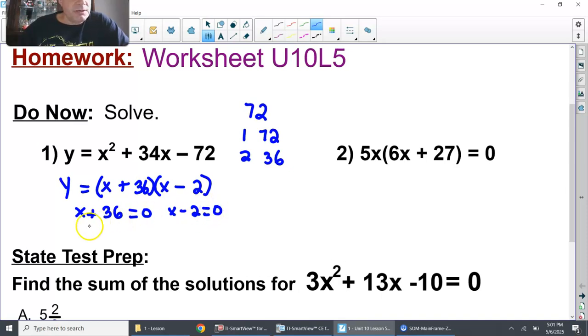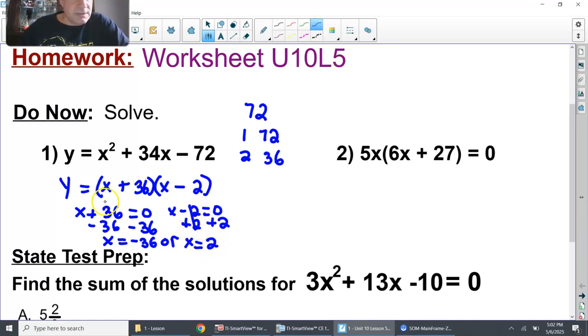So the roots, we're just going to subtract 36 on both sides. So the roots are x equals negative 36, or, and then we're going to add 2 to both sides, and then x equals 2.